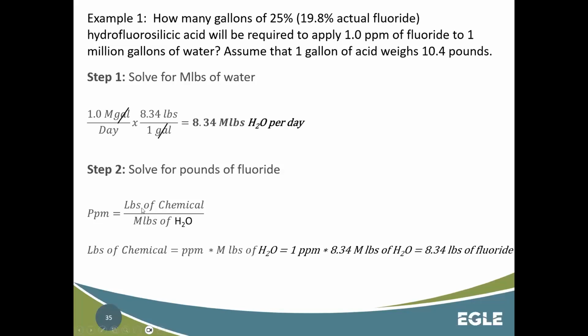So in order to solve for pounds of chemical, we're going to multiply the 1 part per million times the 8.34 million pounds of H2O to give us 8.34 pounds of fluoride. So that's the pounds of chemical that we just solved for.